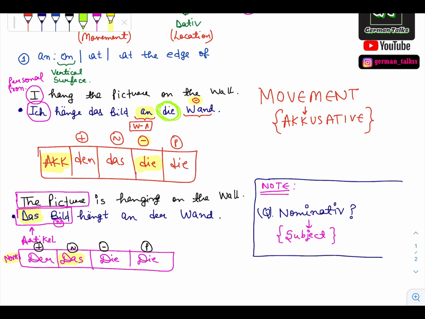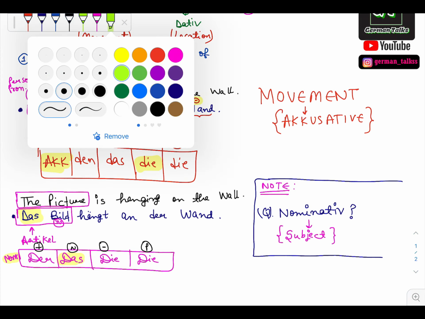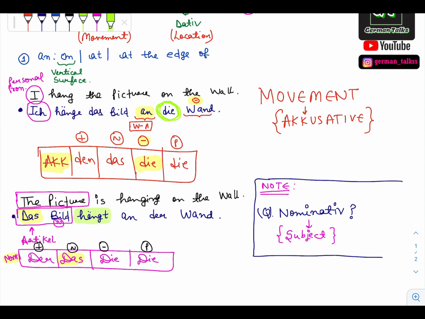Now, after that, what did we do? In the second, third and fourth chapters, we did verb conjugation. Then we see verb conjugation here. Hängt: we conjugate it according to the subject, third person.